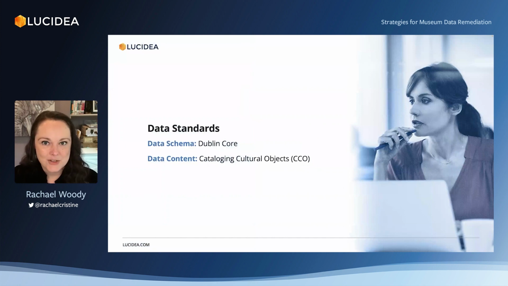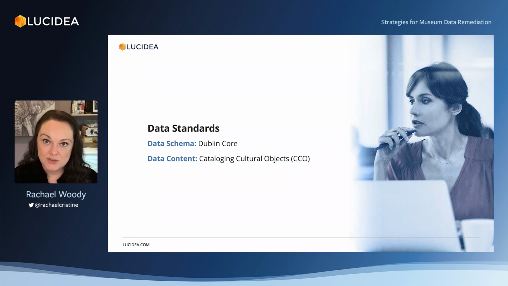So data standards we want to keep in mind, there are two different sets to be aware of. The first set of data standards you want to think about and select one that works best for you is the data schema. And that phrase essentially means the fields that we use, the actual structure of fields that we use for our collections management system.